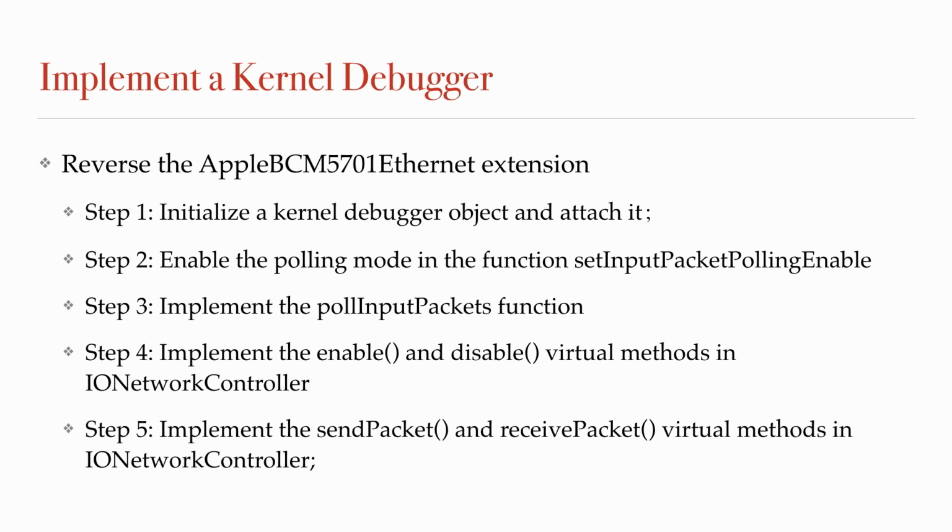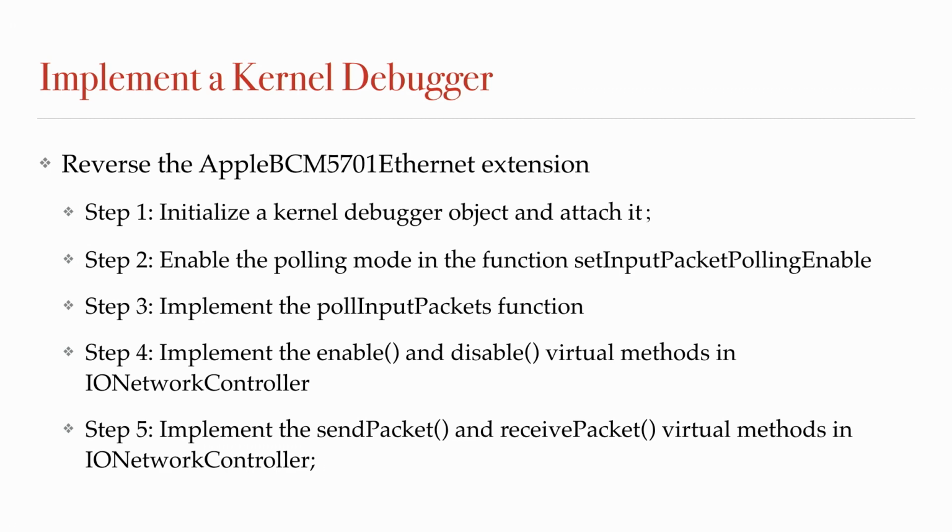After reversing the existing driver which has already supported the KDP protocol, such as Apple BCM Ethernet, we got the following workflow. Firstly, we should initialize a kernel debugger object and attach it. Secondly, enable the polling mode and implement the pull input package function.